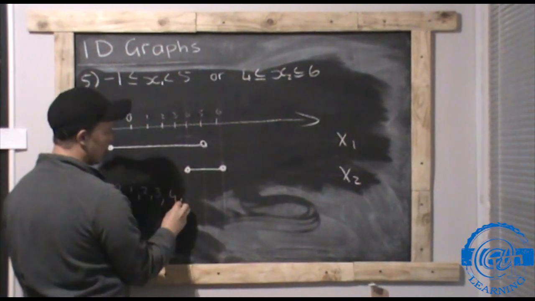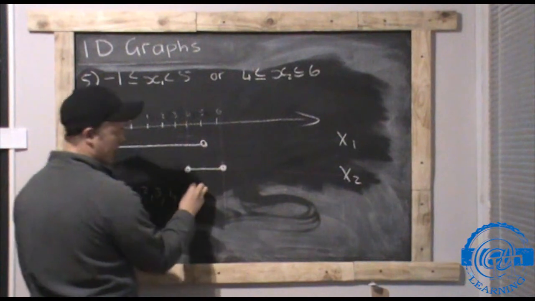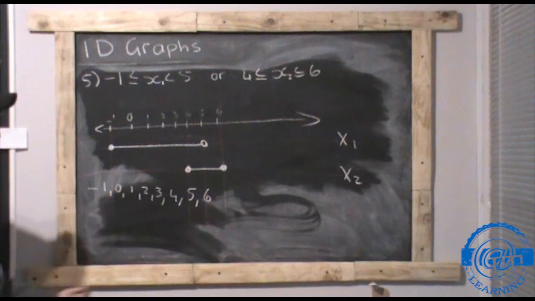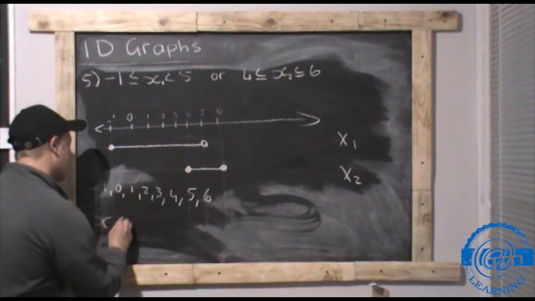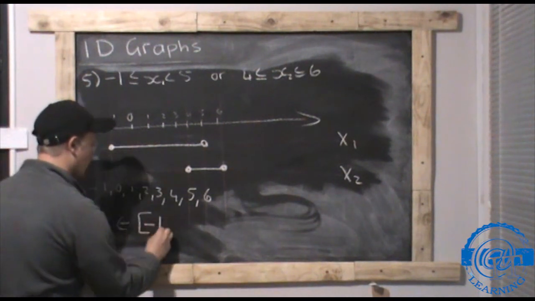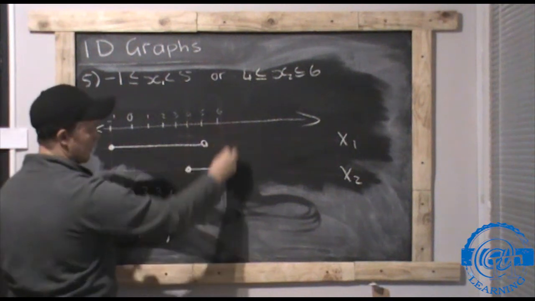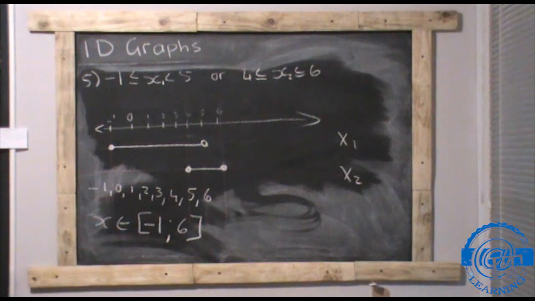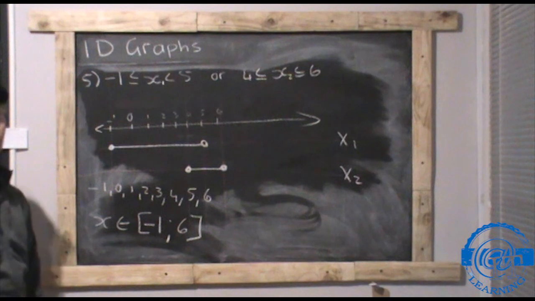We got 4. It's allowed at 5, we add 5. It's allowed at 6. So technically, x is an element of inclusive minus 1 to 6 inclusive. And that would be your range for where the OR operator of x will be valid.